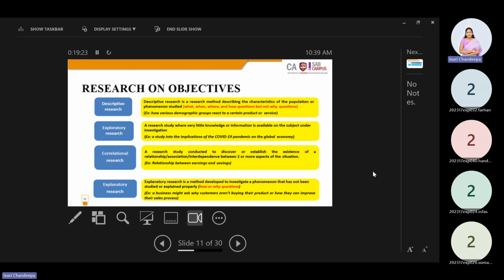A correlation means we are going to check whether variable x is interrelated with, or having a relationship with, variable y. Likewise, in correlational research, we check the relationship between two variables, probably the independent variable and the dependent variable, or else the mediating variable to the dependent variable.